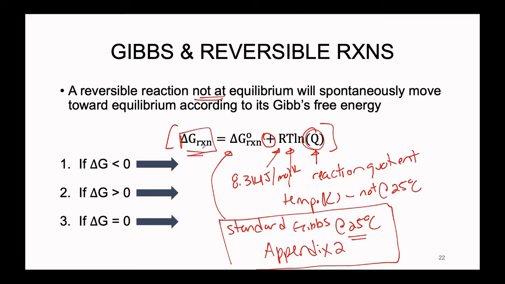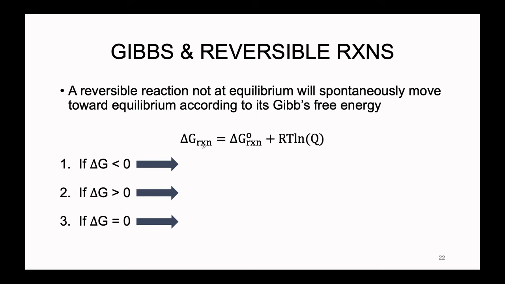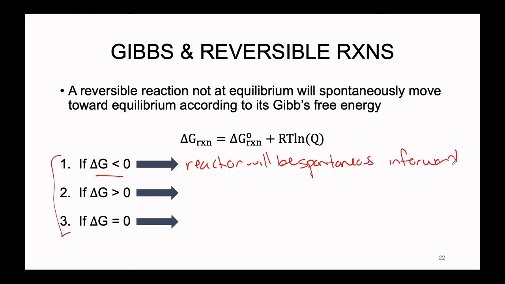All right, so let's talk about what this new delta G stands for, what it represents. If our delta G, scenario 1, is negative, what this means is that the reaction will be spontaneous in the forward direction.